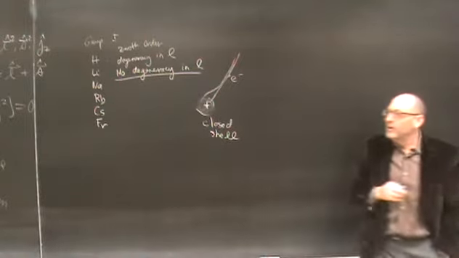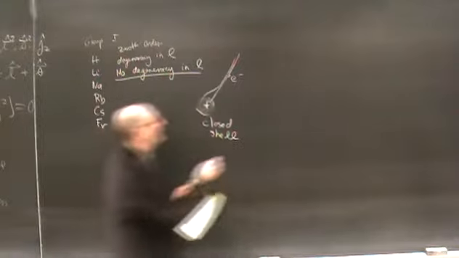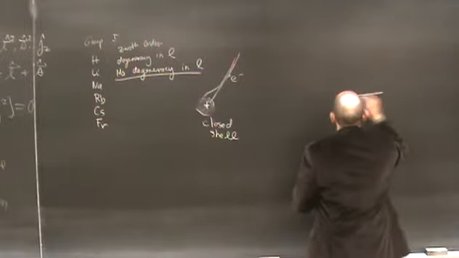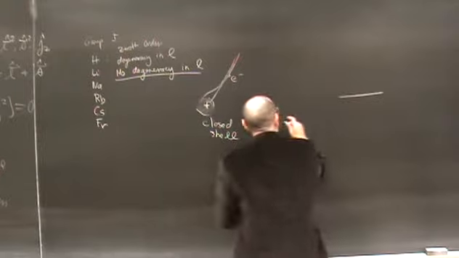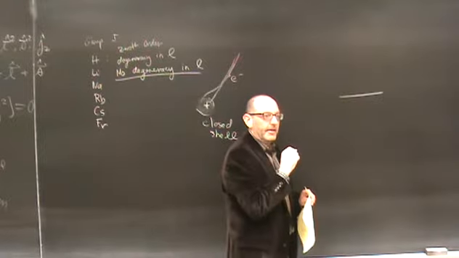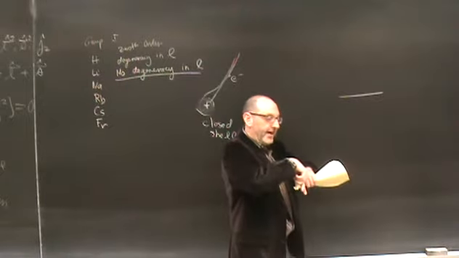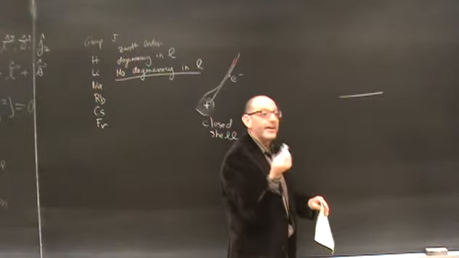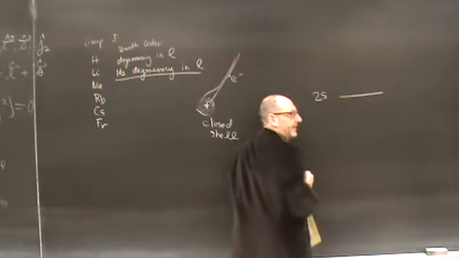Okay? So, for example, in lithium, the lowest state here is the ground state. Well, you have the closed shell of the 1s, and then you have 1 electron in 2s, right? So we have a 2s here.